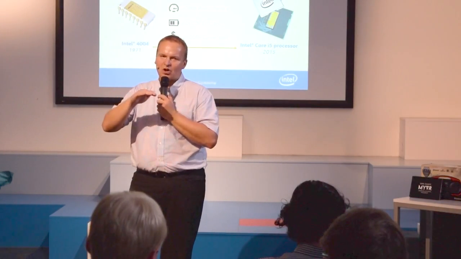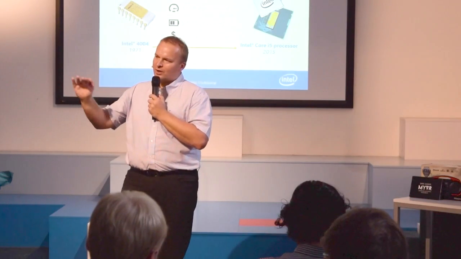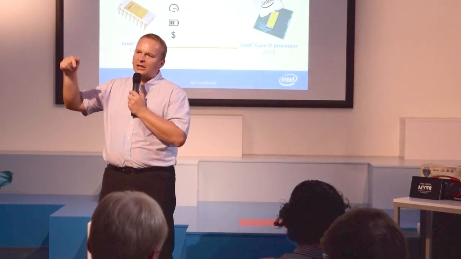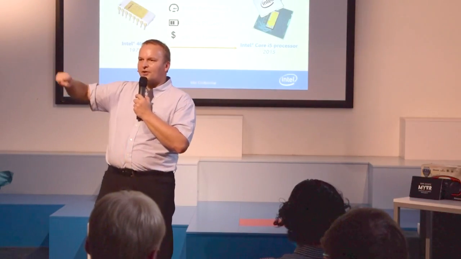So we actually had a chart at the time that showed, if we continued on this trajectory, you would quickly get to the heat dissipation of a hot plate in your kitchen, and then quickly thereafter, you would actually get to heat dissipation of the sun. Obviously not a good thing to have that kind of heat dissipation in your notebook, especially if you think about placing it on your legs. So we had to find a different solution for it.